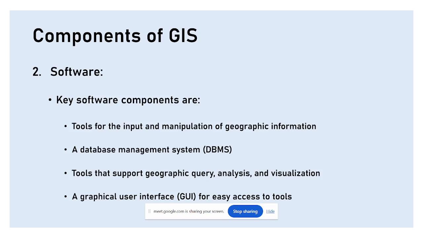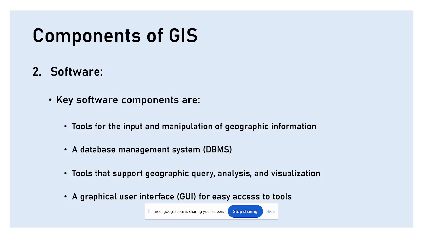Then the key software components are the tools for the input and manipulation of geographic information. You have geographic information, you have XY data, but how do you change it according to your requirement? For that, you need certain tools. You have several tools like merge, to separate the data, all those things.